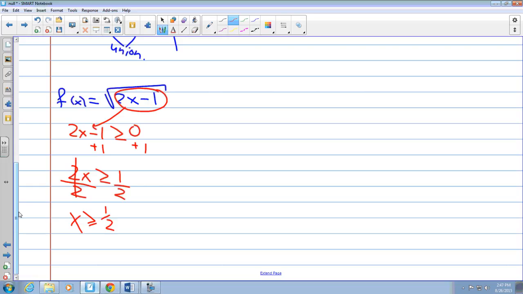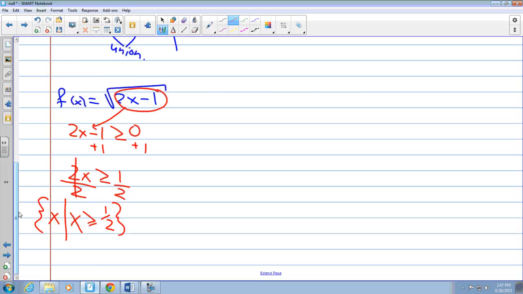If you flip a sign, if you divide or multiply by a negative. Or if you take reciprocals of both sides, but which you never do. But that's another situation where the inequality flips. So that's really the domain. It's all x's greater than or equal to 1/2.